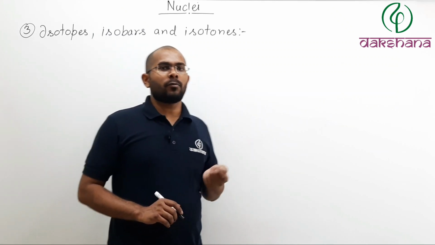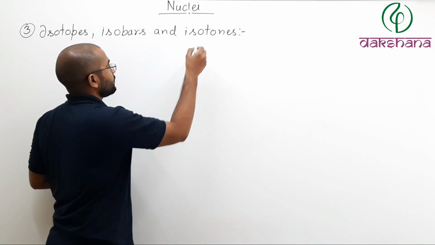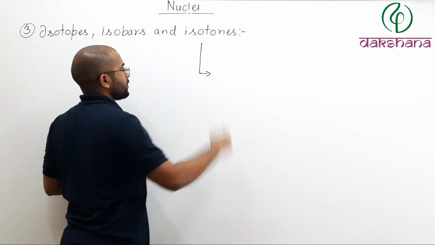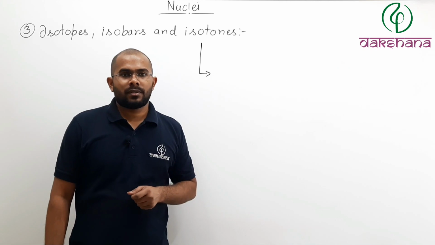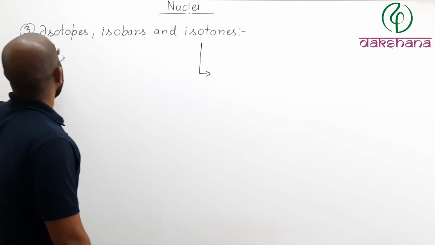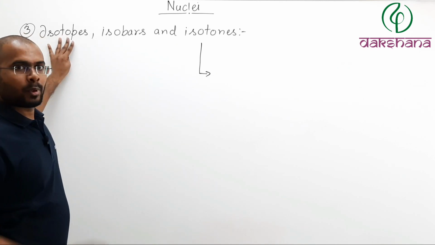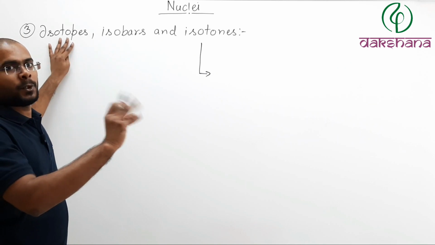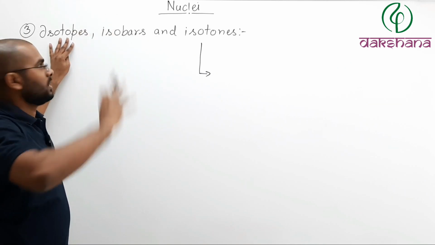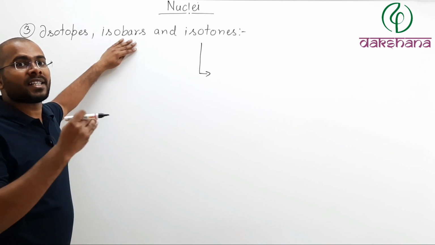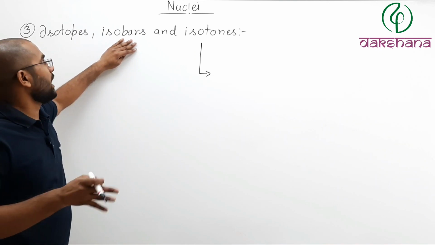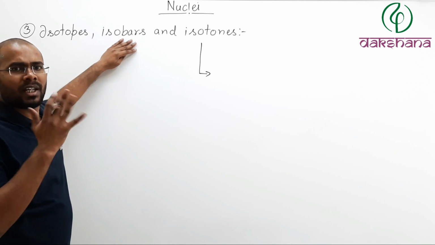Now let us talk about what isotones are. In the case of isotopes, protons were the same and neutrons were different. In the case of isobars, the mass number was the same, and protons and neutrons were both different.